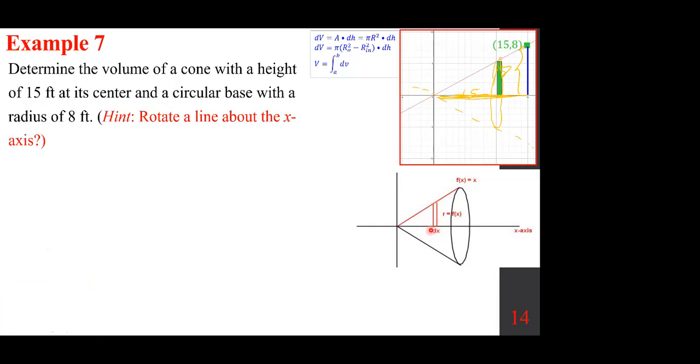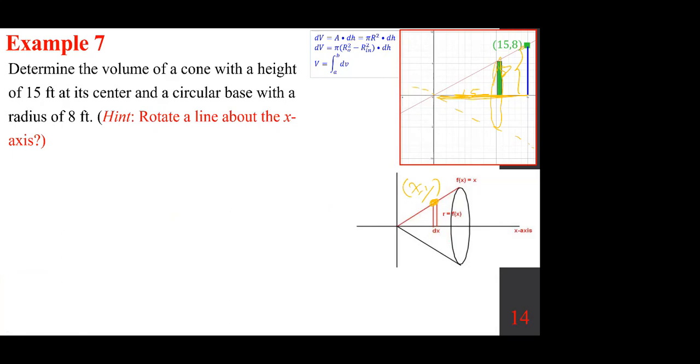So if you're looking at the formula pi r squared dh, dh is obviously dx, and r is the y coordinate. Again, let's write this point having coordinates x comma y. So the radius is actually the y coordinate.